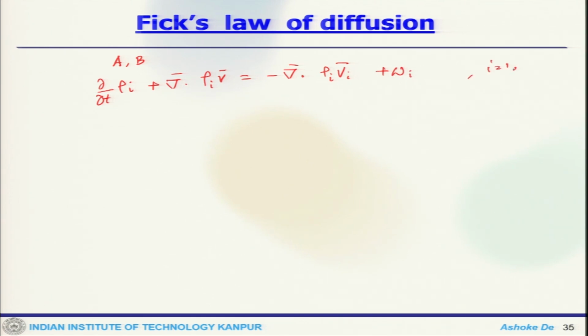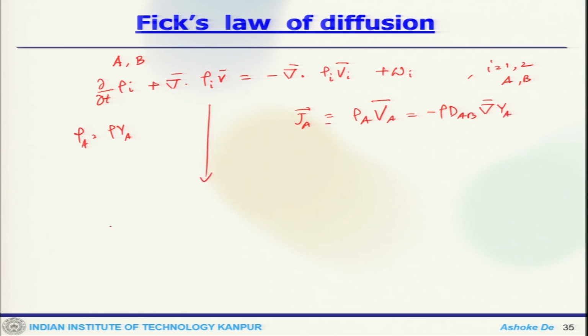Here i equals 1 and 2, which is rather A and B. So, rho A would be rho into Ya, and that means Ja is rho A Va minus rho A V bar.